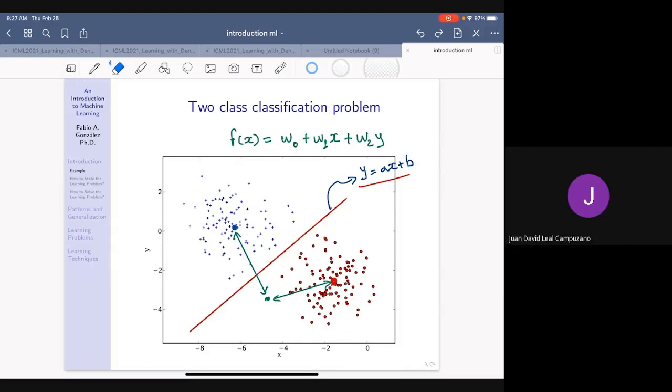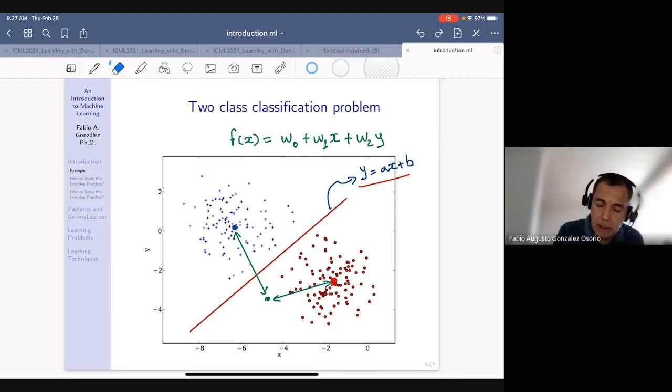Please, can you repeat the question? So, is it clear how the centroid classifier works? I'll repeat it. You calculate the centroid for the positive class and the centroid for the negative class.